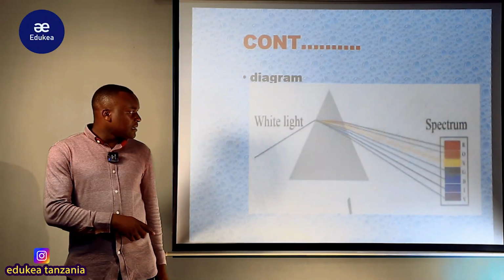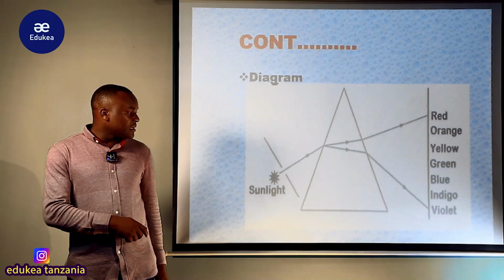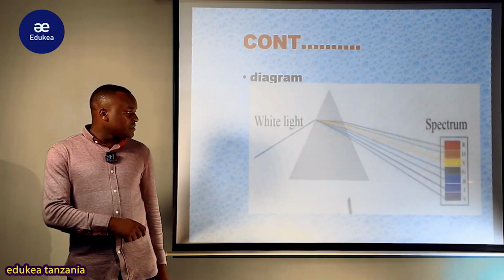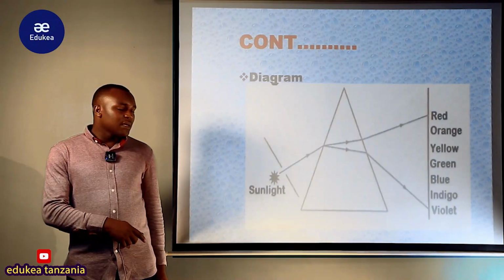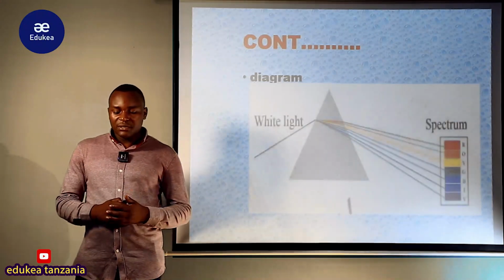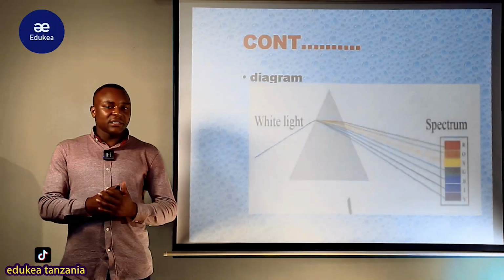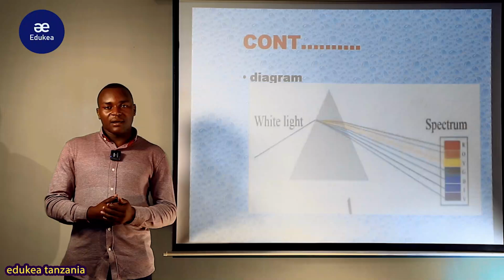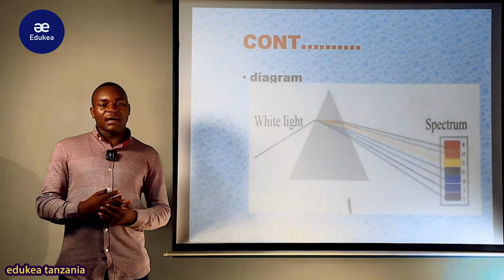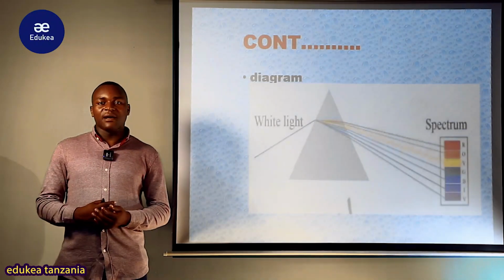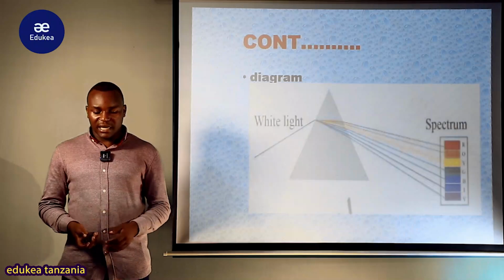After yellow inafata green, after green kuna blue, after blue kuna indigo, after indigo kuna violet. So those are spectrum of the white light, or the colors formed after the dispersion of white light.